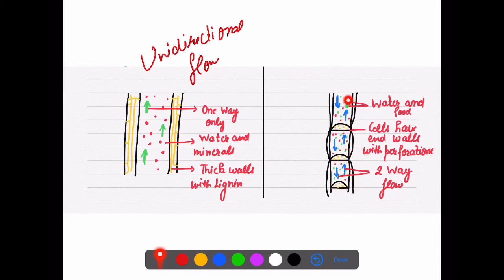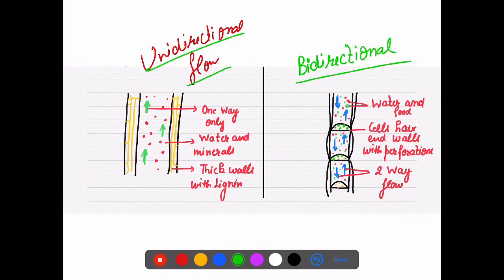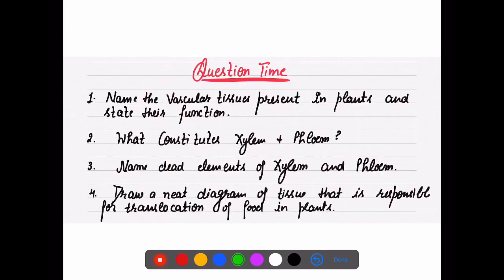So food is traveling both ways. These cells have end walls, or sieve plates as we call them, with pores, and they help in conduction of food in both directions. So food conduction is bidirectional in the phloem, and unidirectional flow is in case of the xylem.